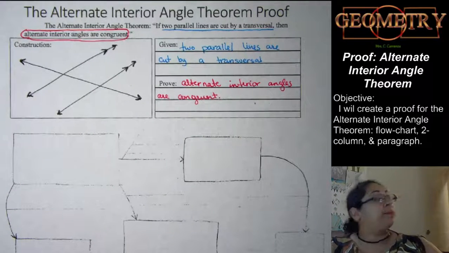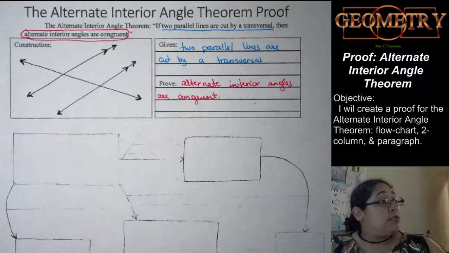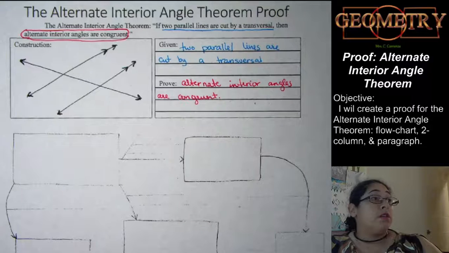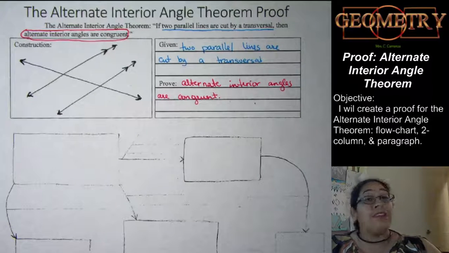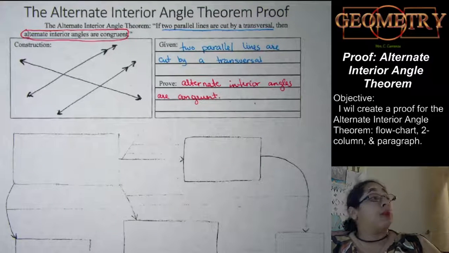All right, now that I have my parallel lines and my transversal, I've drawn everything that the hypothesis has told me to draw. So now I need to figure out how I need to label this to help me get to the conclusion. According to the conclusion, what kinds of things do I need to be able to talk about?